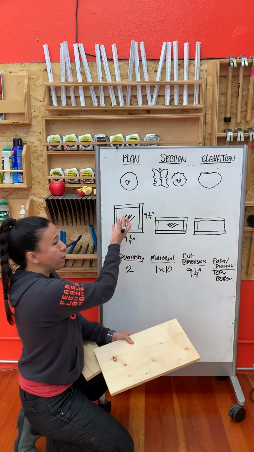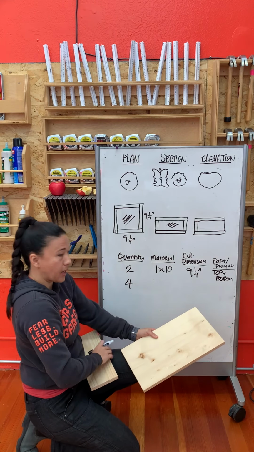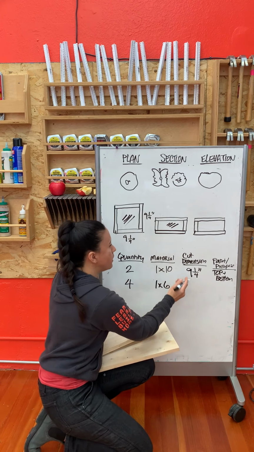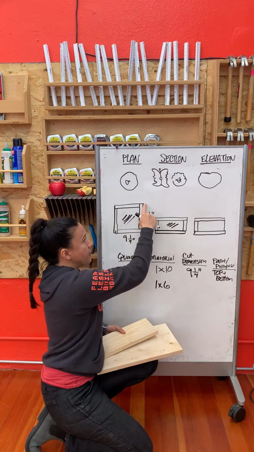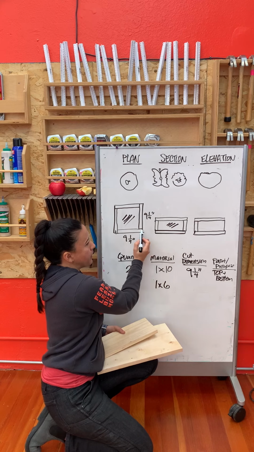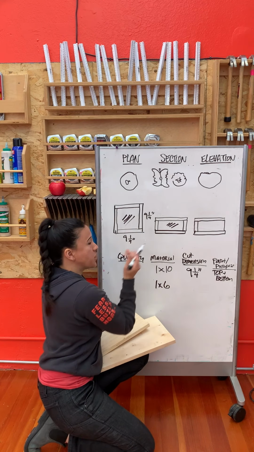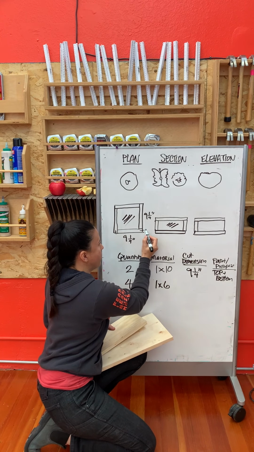All right, then our 4 walls. We need 4 pieces. We're going to cut them all out of our 1x6 this time. And what's our cut dimension? It's not 9 1/4. It's a little bit shorter because we need to account for the thickness of this wall that it's butting into, which we remember is 3/4.